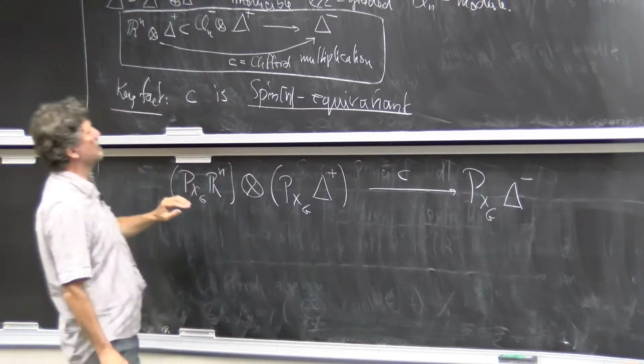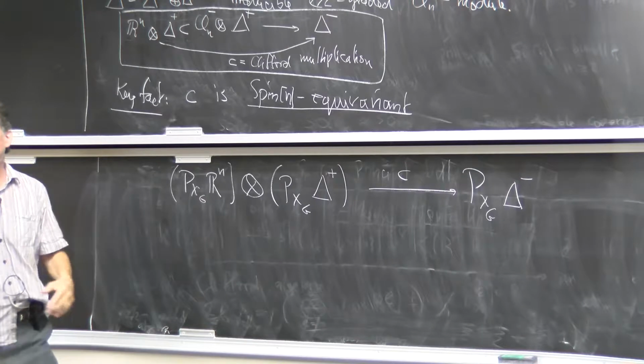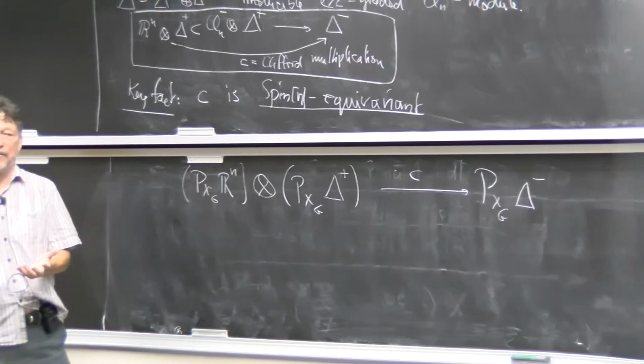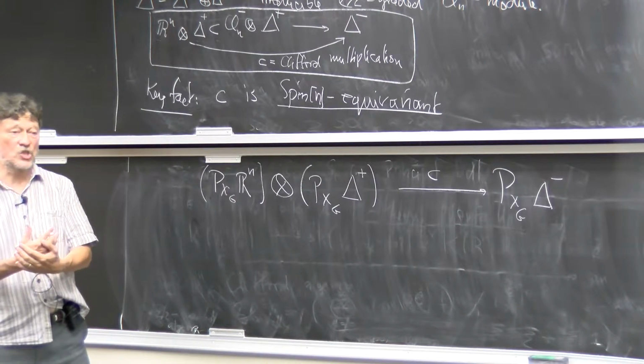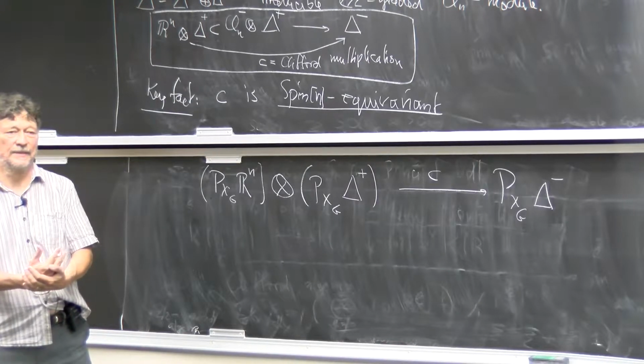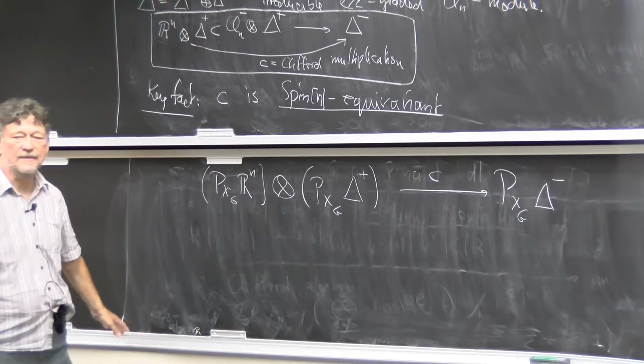So whenever I have an equivariant map between representations, that produces a map between the associated vector bundles.